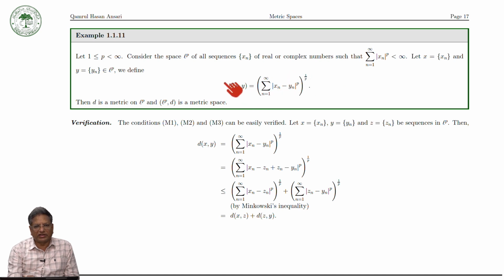So then we will see that this d is a metric on the Lp space, and then Lp space with d is a metric space, and by using this formula we can calculate the distance between any two elements of Lp space.